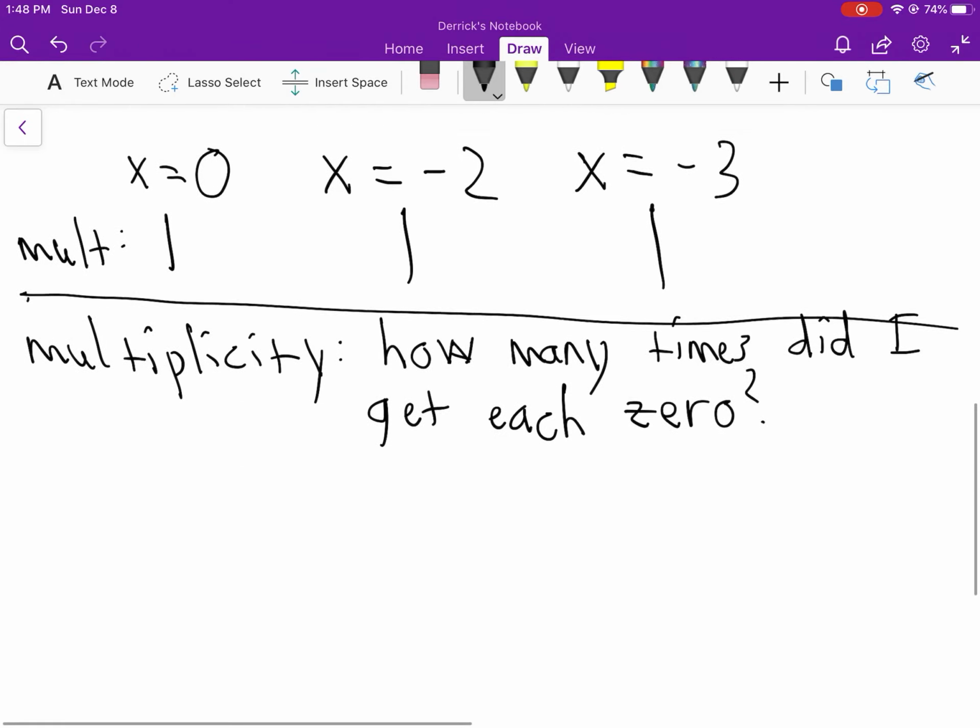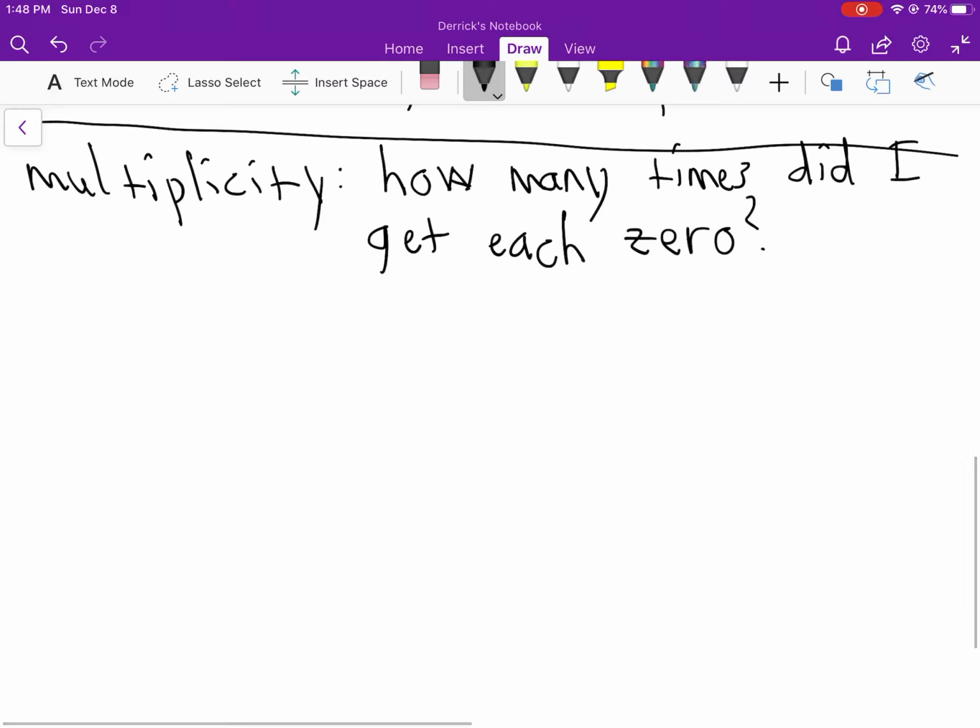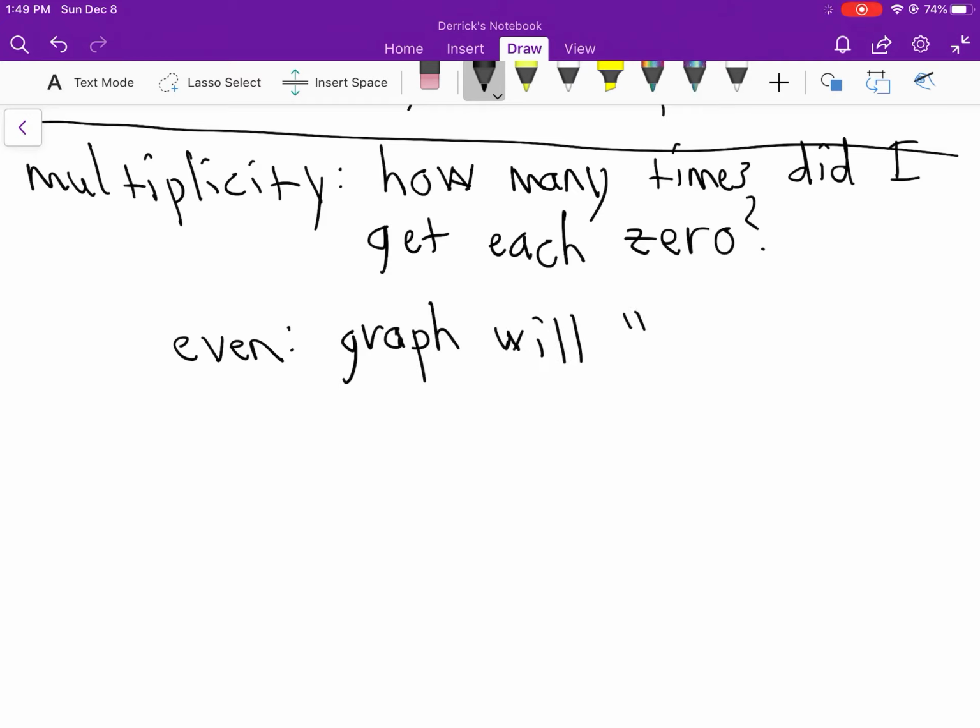Now the reason why we care about multiplicity is that if you get an even multiplicity, when the graph of that function touches the 0, it's going to go back the way it came. So when you have an even multiplicity, the graph will touch at the 0.